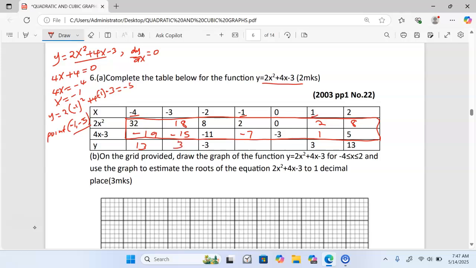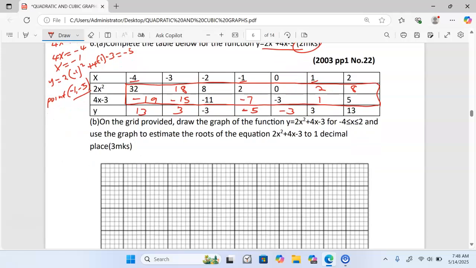Then we have 2 plus −7, which is going to give us −5. And then 0 plus −3, you get −3. And by so doing, now we have our complete table. That way, we have secured our 2 marks.